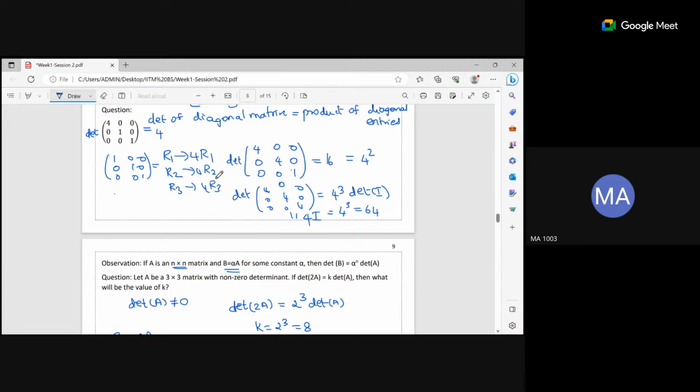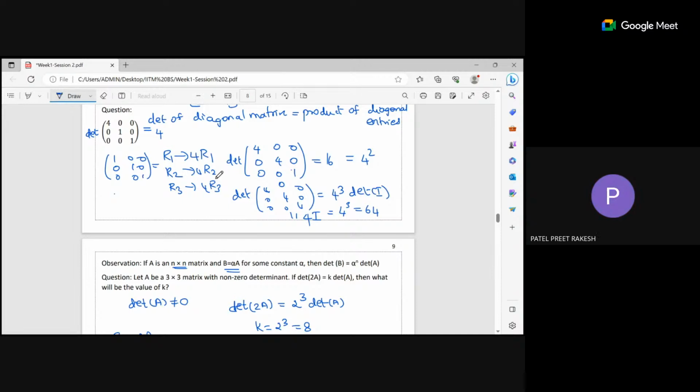When you are multiplying a scalar with the entire matrix, then this is the property you are getting, that the determinant of this multiplied matrix is nothing but the scalar power n times the determinant of the original matrix. Did I clear your doubt or not?